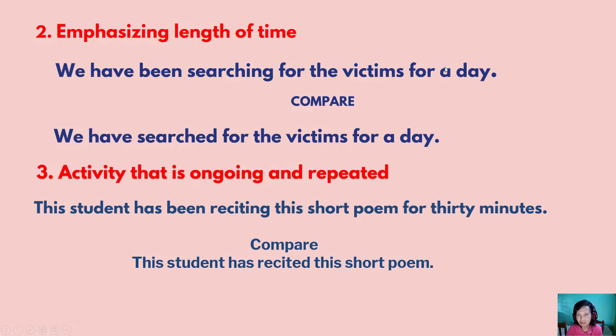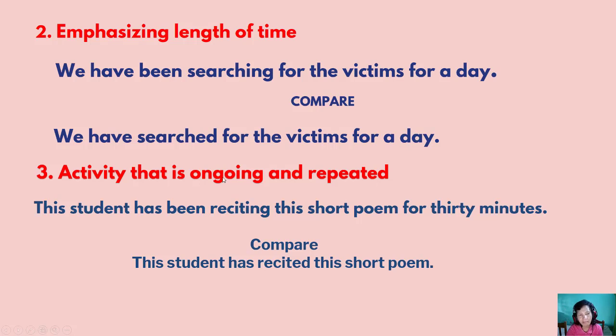We use the same period of time, but for present perfect continuous, we want to show that it is still happening. But we use simple present perfect if we want to tell, to inform, to state that the completed action has this duration, or takes this duration, for a day.